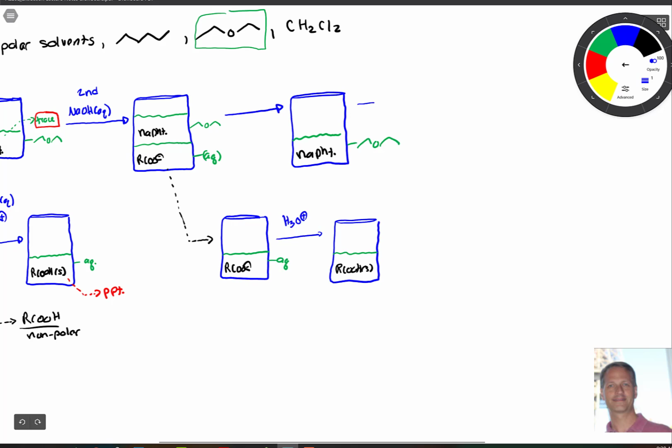So it turns out that when diethyl ether comes in contact with aqueous layers, like right here, they're in contact at the surface, right? They're touching each other. When that happens, a little bit of the water comes up into that top layer. So we actually have here a little bit of H2O trace.